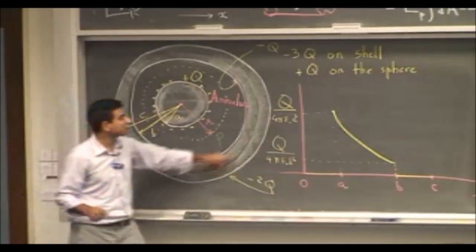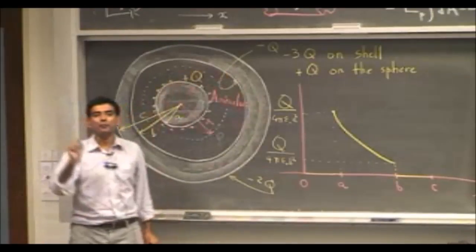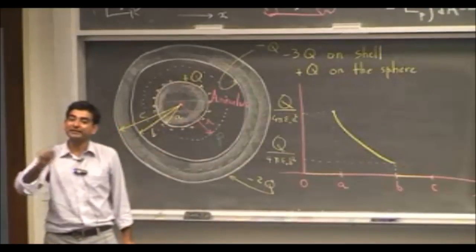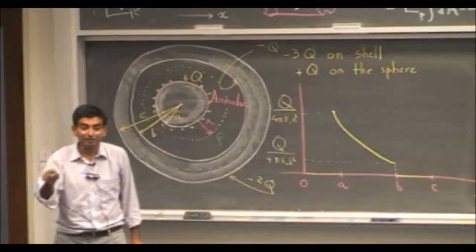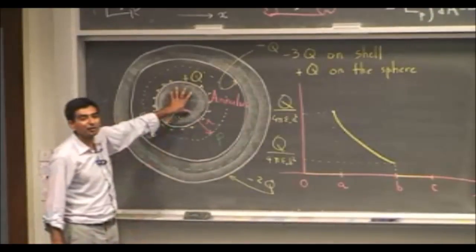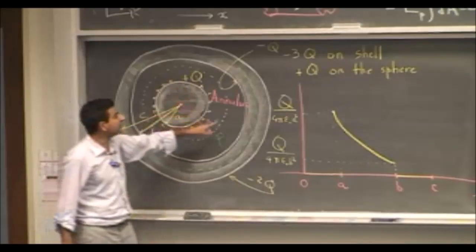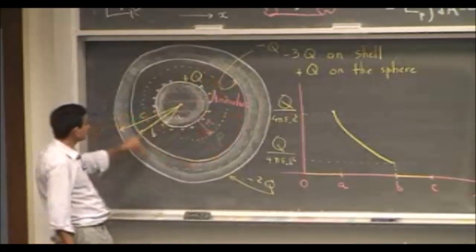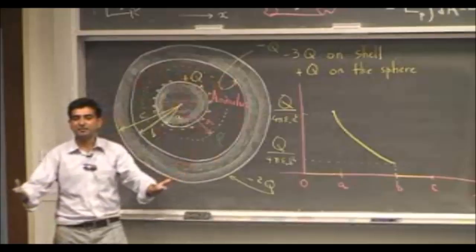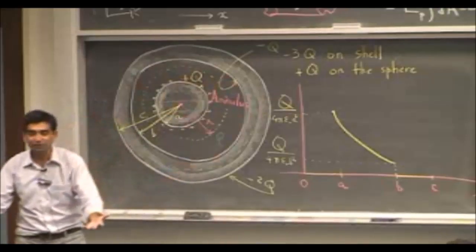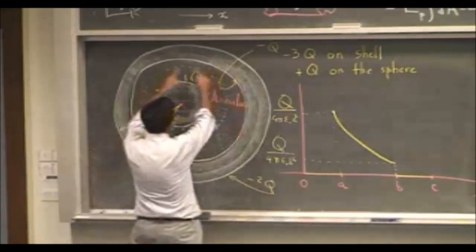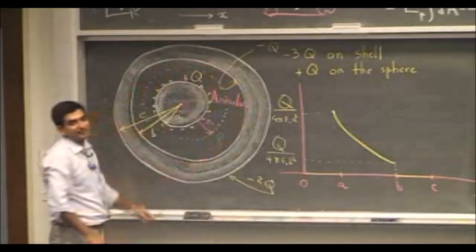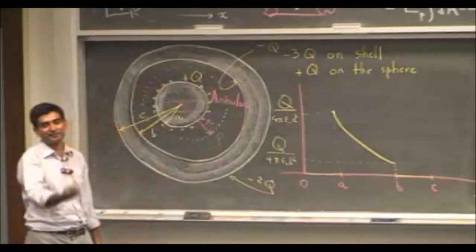Which means the flux through this surface should be 0. Which means that the charge enclosed by this surface must be 0. So there is plus q charge on here. There has to be a minus q charge on this inner surface, so that the charge balances out to give you an enclosed charge of 0 inside the green Gaussian surface.